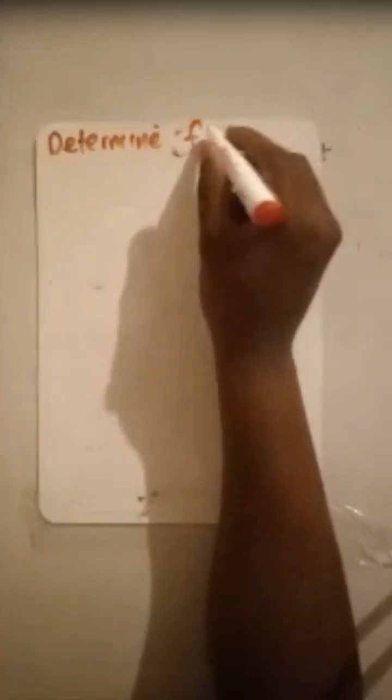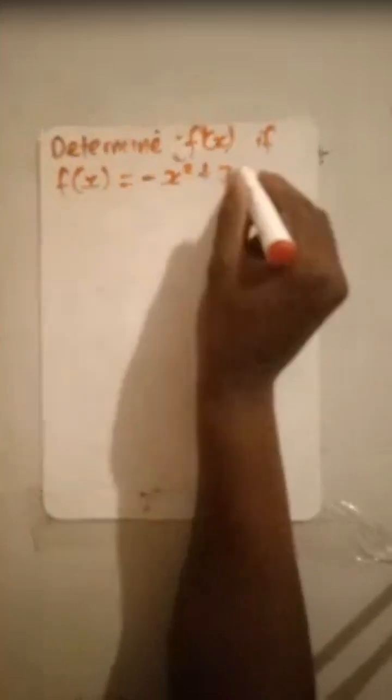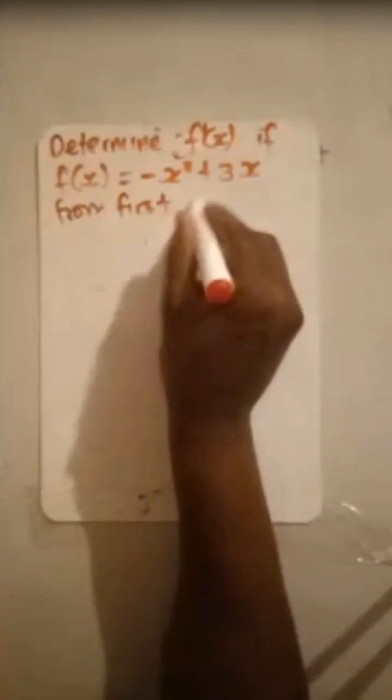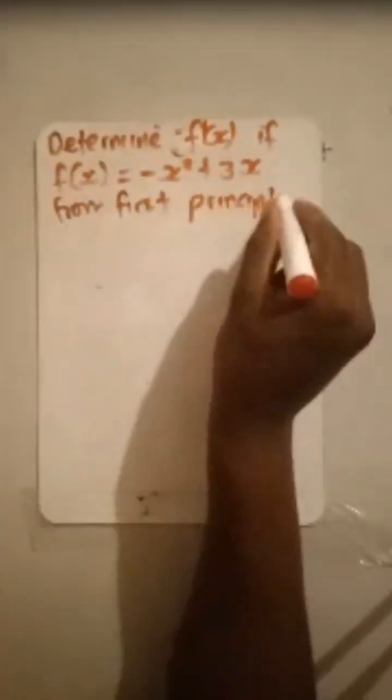Let's look at: determine the derivative of f of x if f of x is negative x squared plus 3x from first principles.